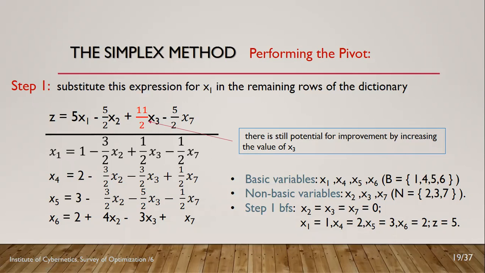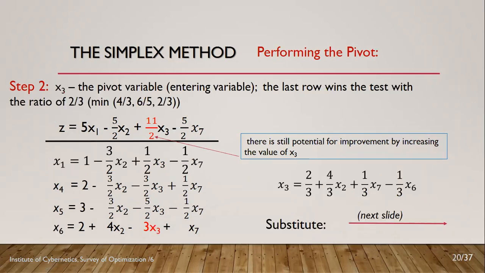Now, next step, we again perform pivoting as we did before. We have determined the coefficients, so we have determined the pivot variable, the entering variable. Now we need to determine the pivot row, again by finding the ratios. 2 divided by 3 halves will be 4 over 3. 3 divided by 5 halves will be 6 over 5.